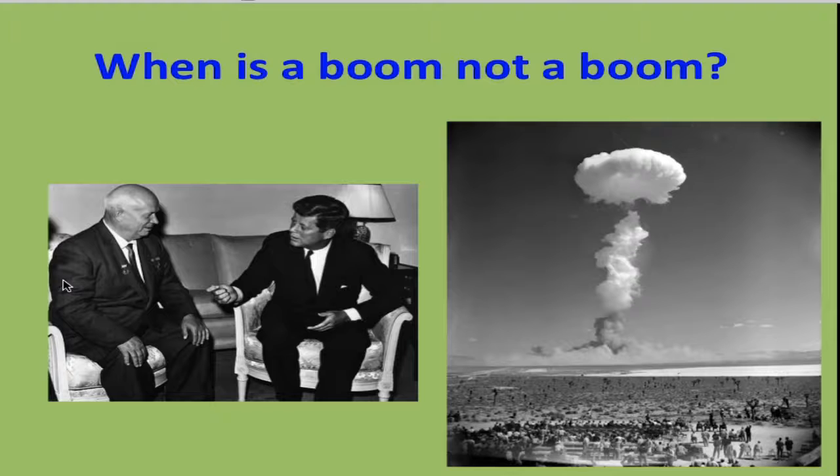Now, you can actually get the rumbles from an atomic test and record them using a seismograph. But the output from a seismograph for a nuke test looks very much like the output from a seismograph for an earthquake. And so there was no way to tell which was which. And so we weren't sure when the Soviet Union was setting off a nuke test.